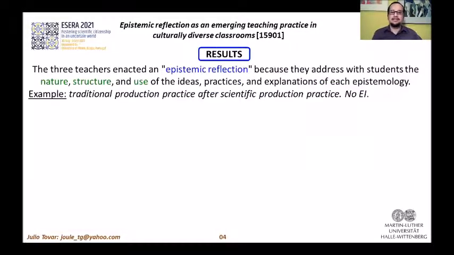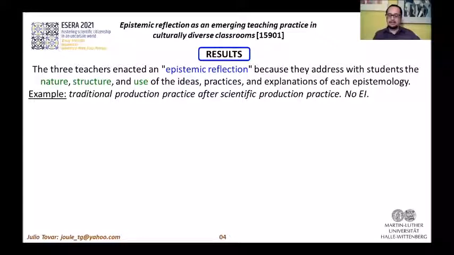Results. The three teachers enacted an epistemic reflection because they addressed with students the nature, structure, and use of the ideas, practices, and explanations of each epistemology. As an example, I want to tell you a case in which students carried out a traditional production practice, which consisted of salting meat for preservation, after the scientific production practice, which consisted of measuring the humidity of kitchen salt.